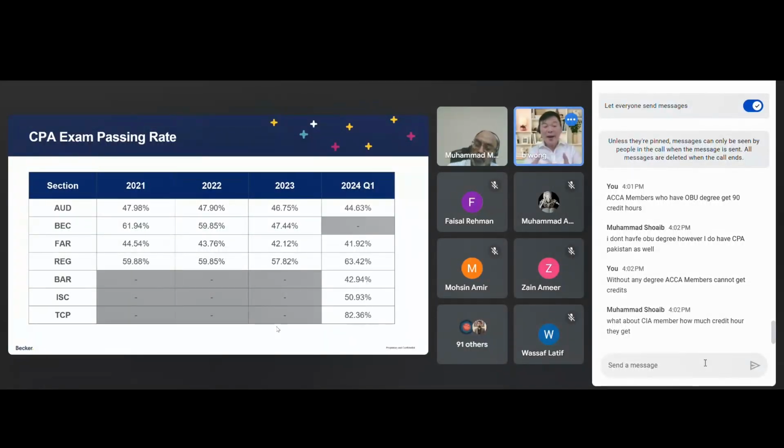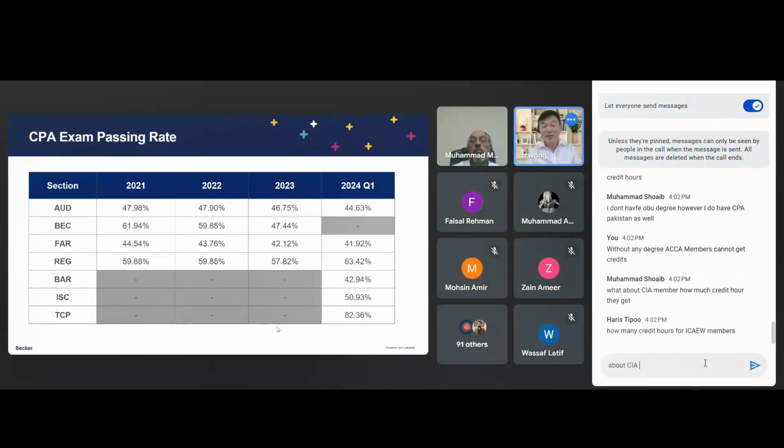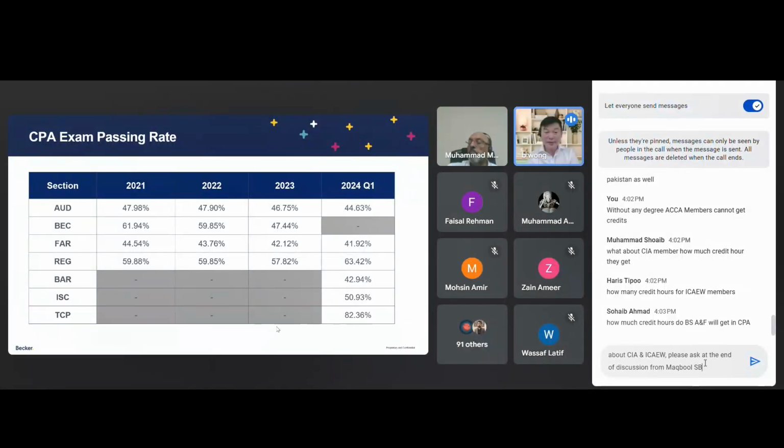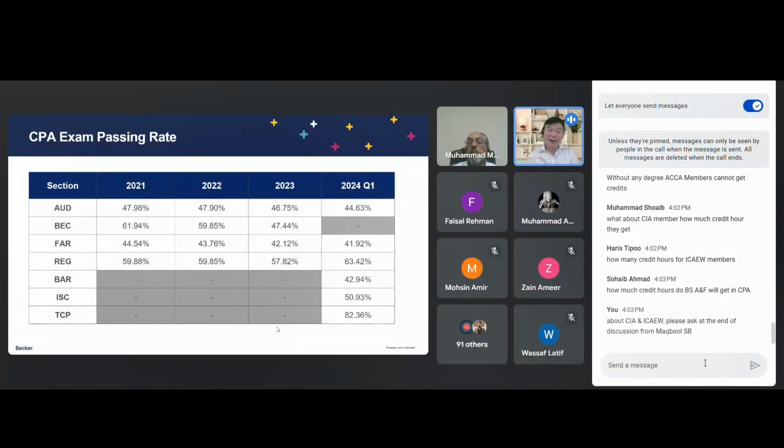BAR and ISC, basically, are the first quarter results. As you can see, for the TCP exam, the passing rate is at 82%. A lot of people think, oh wow, this is an easy exam, just go for it. My theory is that the people doing the TCP exam are very likely tax specialists, who have a lot of experience in U.S. tax, and that's why they're doing so well.